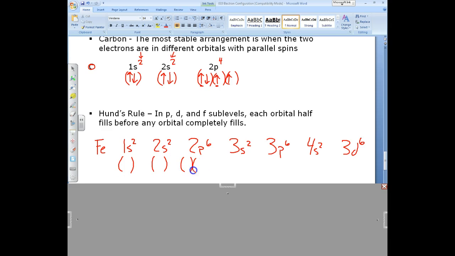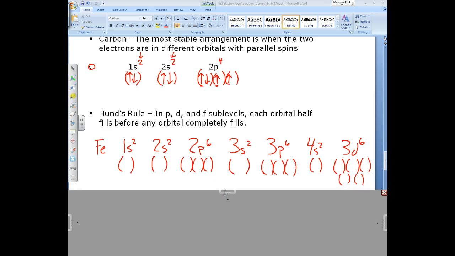P has 3. Now notice how I'm leaving spaces and everything's all nice and neat and organized. Don't cram them all together, because then I may not count right. All right, P has 3 orbital orientations. S has 1. D has 5. Didn't leave myself enough room, so we'll just put the others down here.